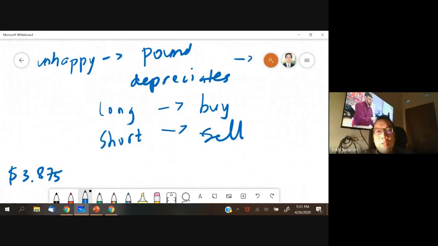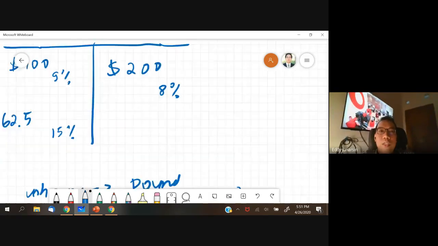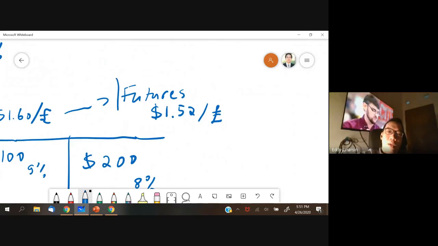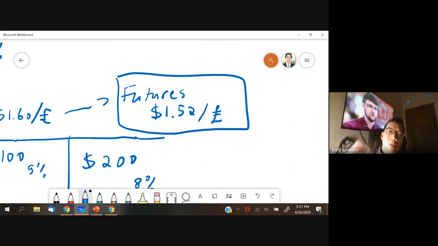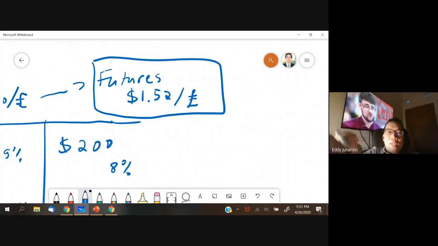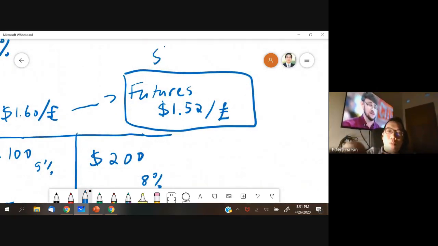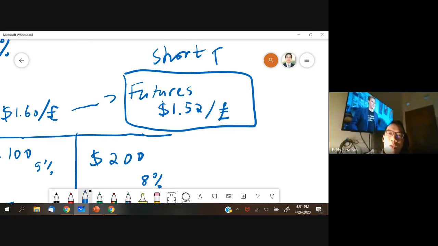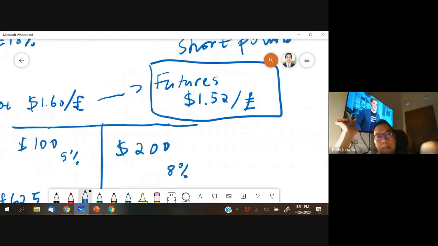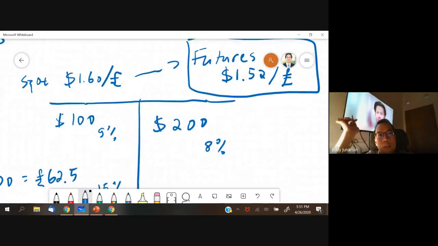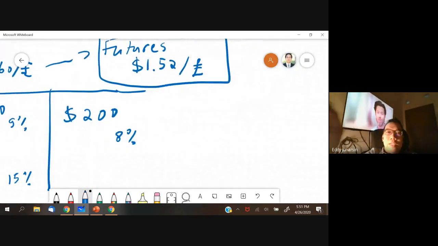See the principle again, right? If you're afraid of a decreasing value of something, then you want to short it first, right? So you take a short position, okay, with this quote. Okay, so let's say you just take the short pound position at $152 per pound. Okay, so let's see what will happen 1 year later.